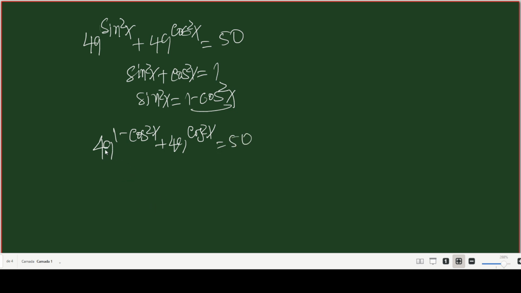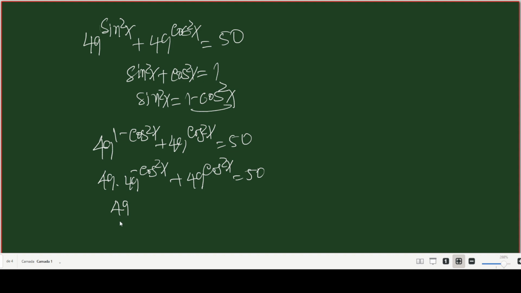So from here we have that 49 to the power 1 minus cos square of x is 49 times 49 to the power minus cos square of x, plus 49 to the power cos square of x equals 50. And from here, this is going to be an inverse, right?